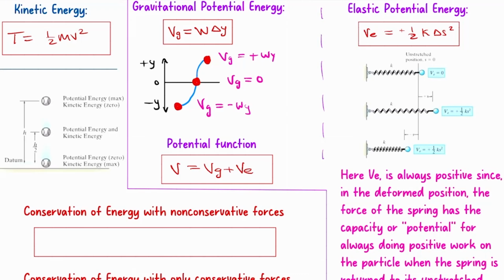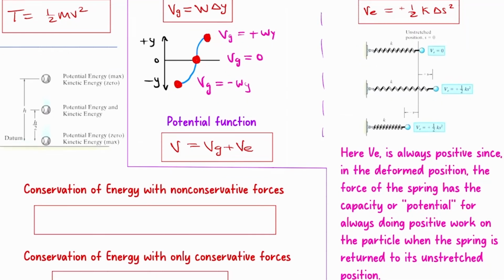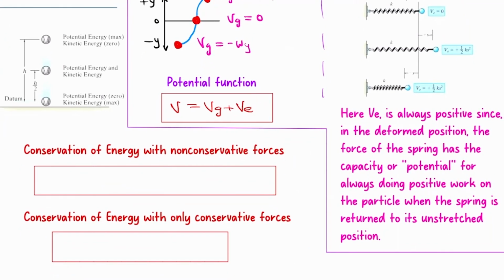So whenever we have non-conservative forces, let's say we have friction in our system, our equation for conservation of energy will be the following. We have T1 plus V1 plus the sum of work done by non-conservative forces, and this is equal to T2 plus V2.